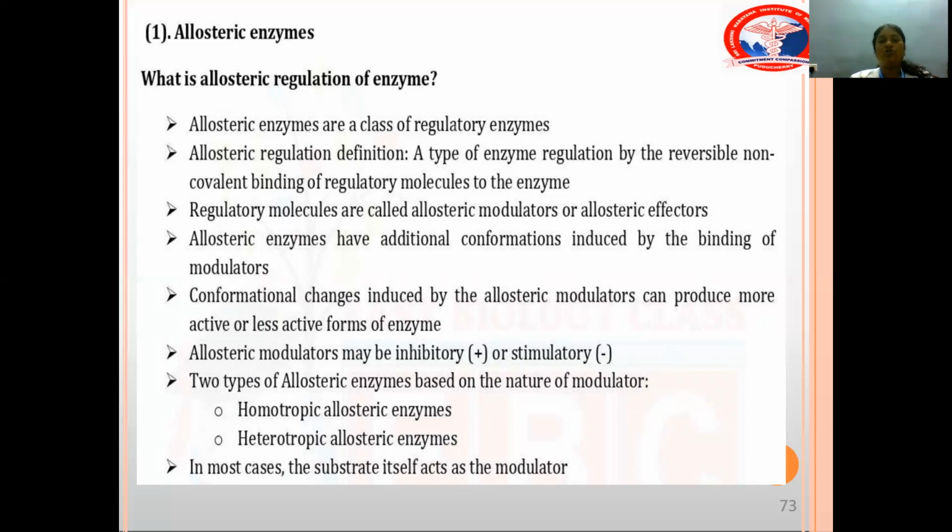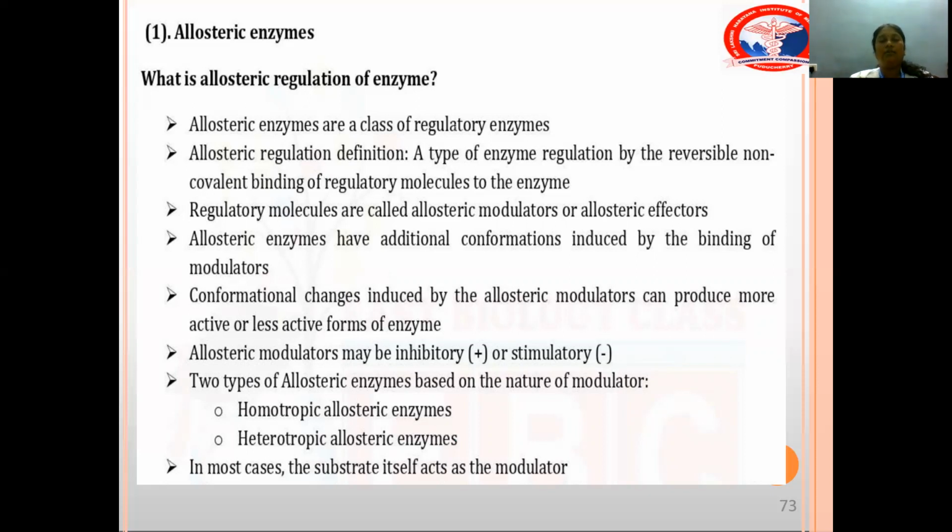If it results in less active forms of the enzyme, these are called inhibitory allosteric modulators. There are two types of allosteric enzymes based on the nature of the modulator. Either they can be homotropic allosteric enzymes or heterotropic allosteric enzymes.